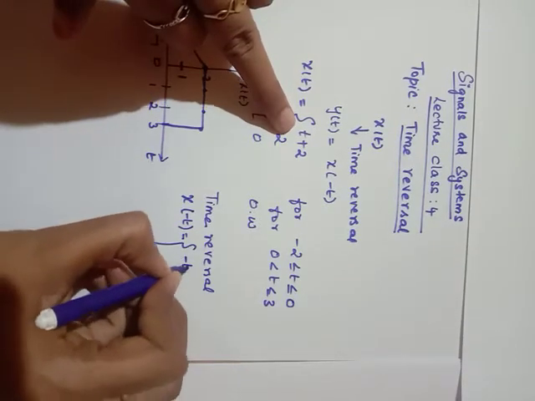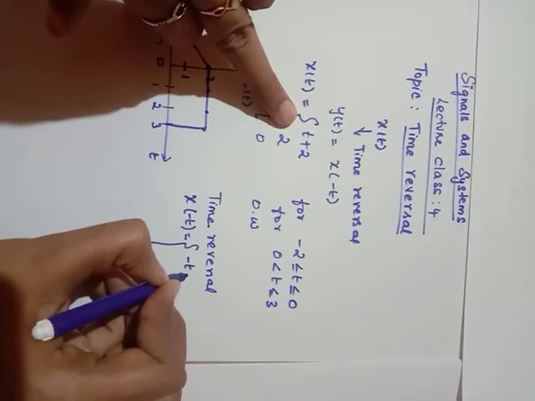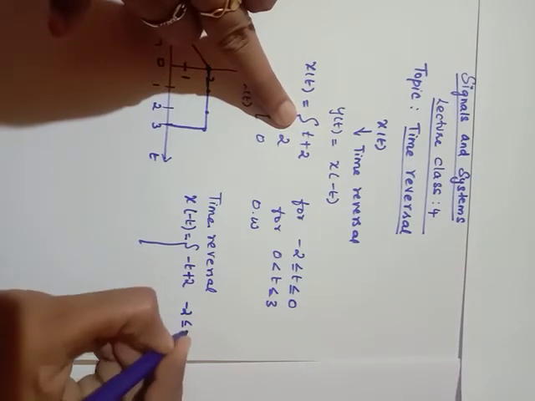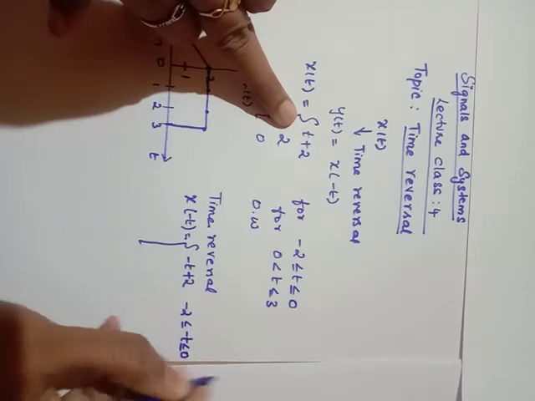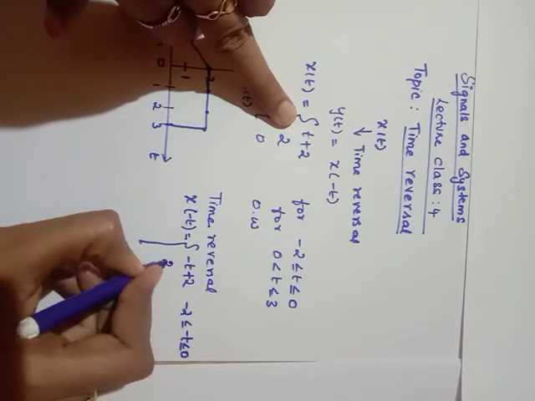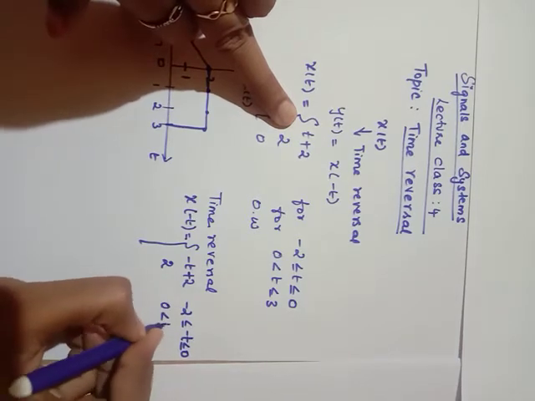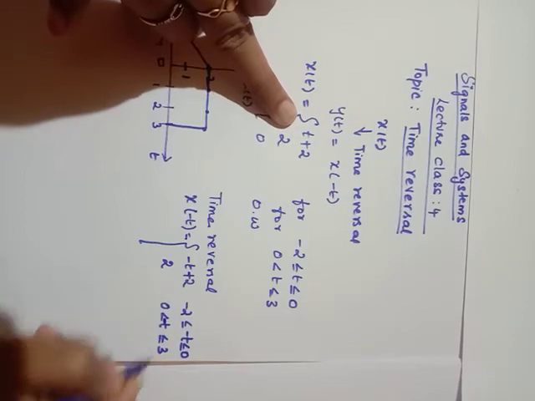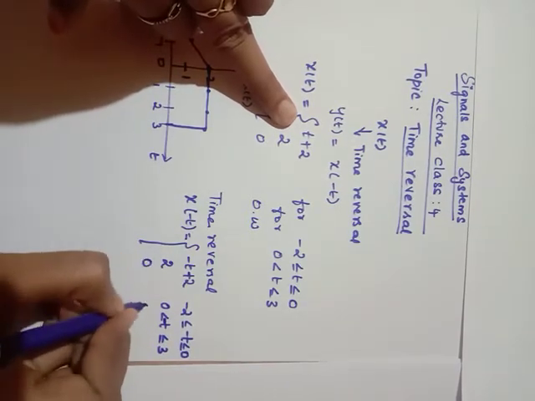So here minus t plus 2, and the interval is minus 2 less than minus t less than or equal to 0. Here it was t, so I am putting minus t. Then 2 for 0 less than minus t less than or equal to 3, and 0 otherwise.